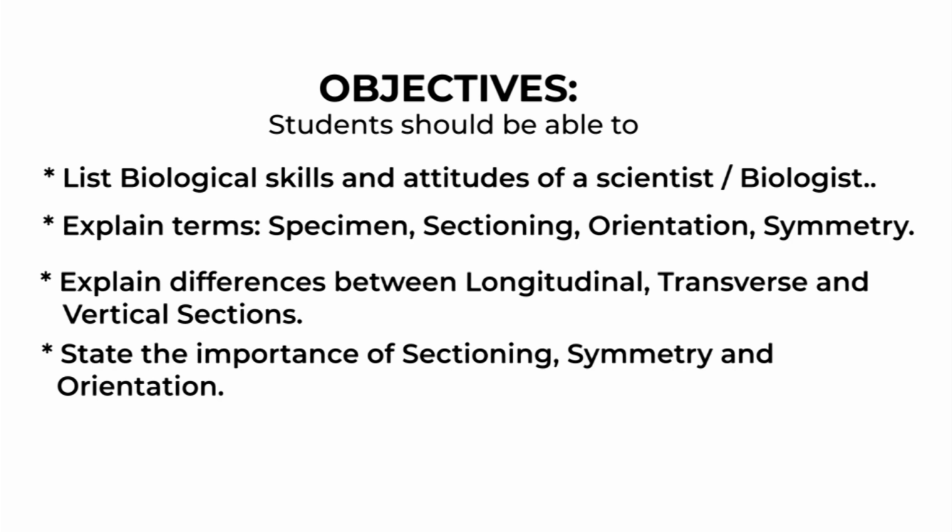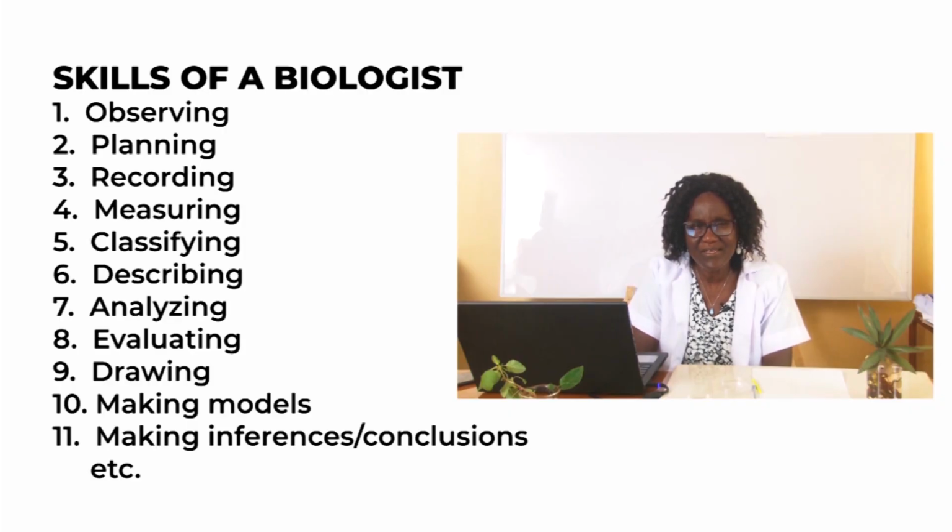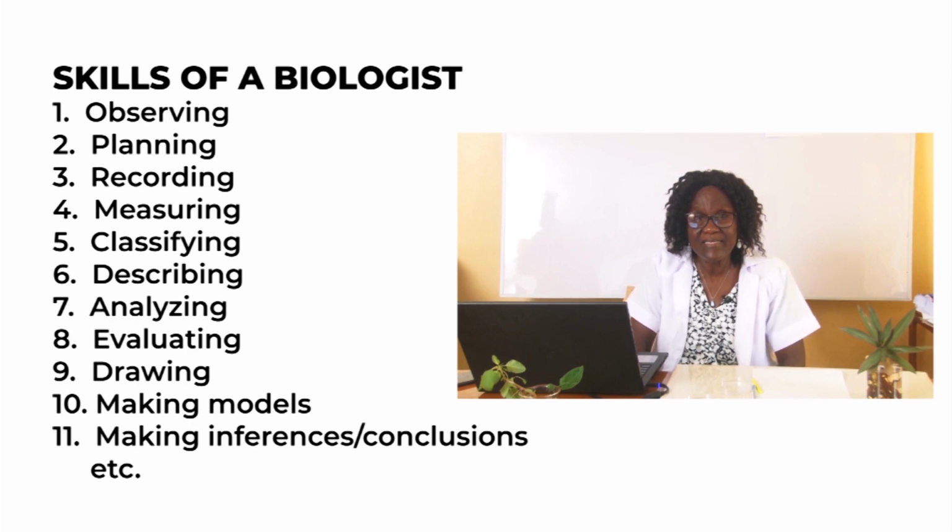Good. Now let's go on. Biological skills. What do you think are the skills that every biologist or scientist should have? Enumerate some. Think about some. Well, if you are a scientist, you should be very observant, all right? So there's the skill of observing to see things.